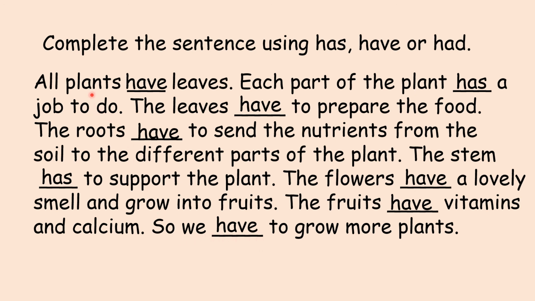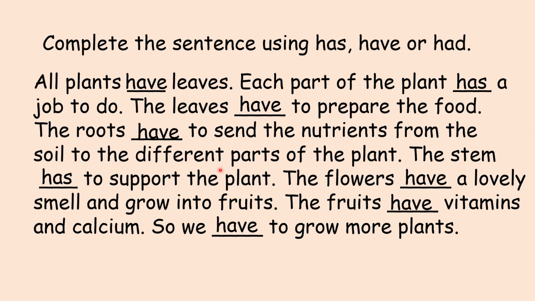Now let us read this full passage again. All plants have leaves. Each part of the plant has a job to do. The leaves have to prepare the food. The roots have to send the nutrients from the soil to the different parts of the plant.